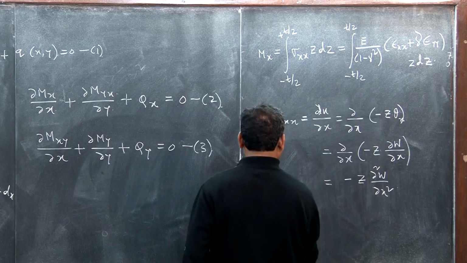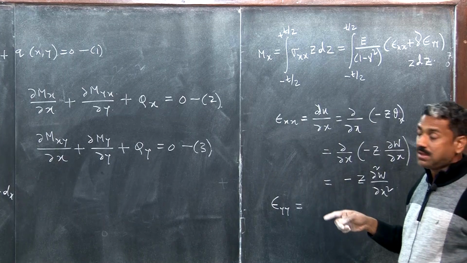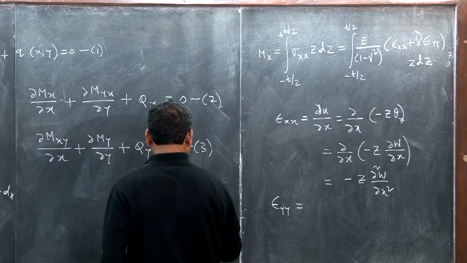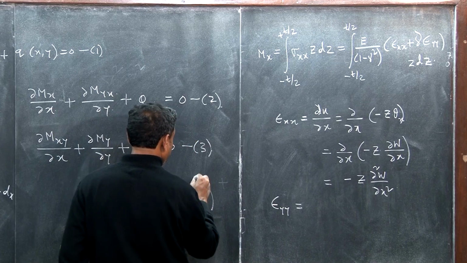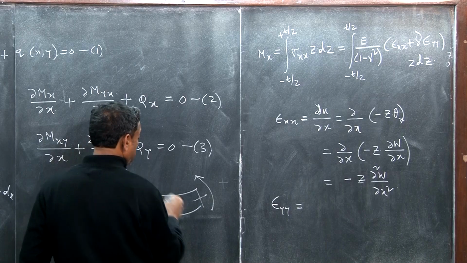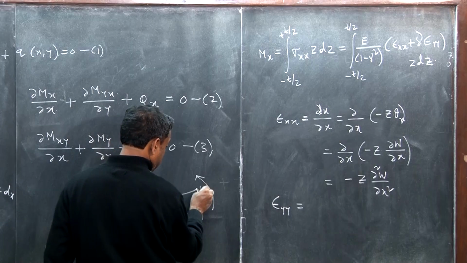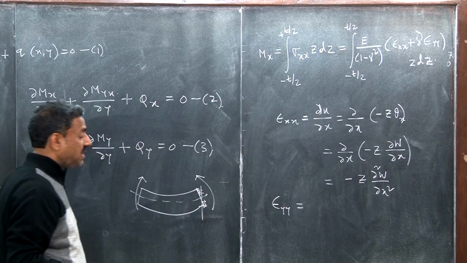Similarly, epsilon yy can also be written. Why is this happening, right? Because if you can recall, the plate bending moment is like this. You can see this normal section, so here it is coming there and this is going in there. That's why there is a minus sign, right?